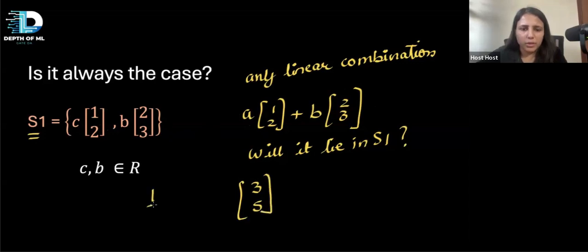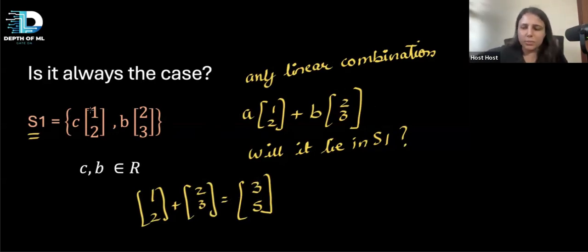Suppose I just added 1, 2 plus 2, 3. It gave me this. Can anybody tell me whether 3 and 5 is lying in this set S1 or not? No, right? Not lying in the S1.